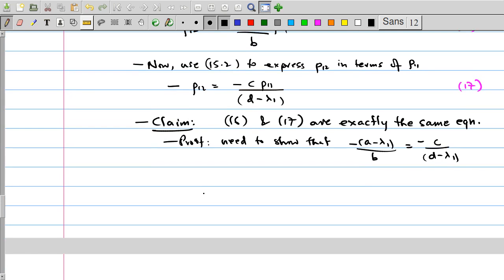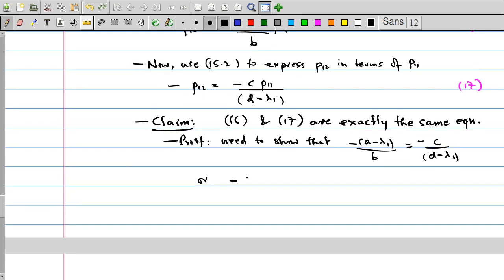If I just multiply it out, I'll get my characteristic equation back. That's what's going to happen. I'll just move all the denominators up, so minus (A minus lambda 1) times (D minus lambda 1) equals minus BC.